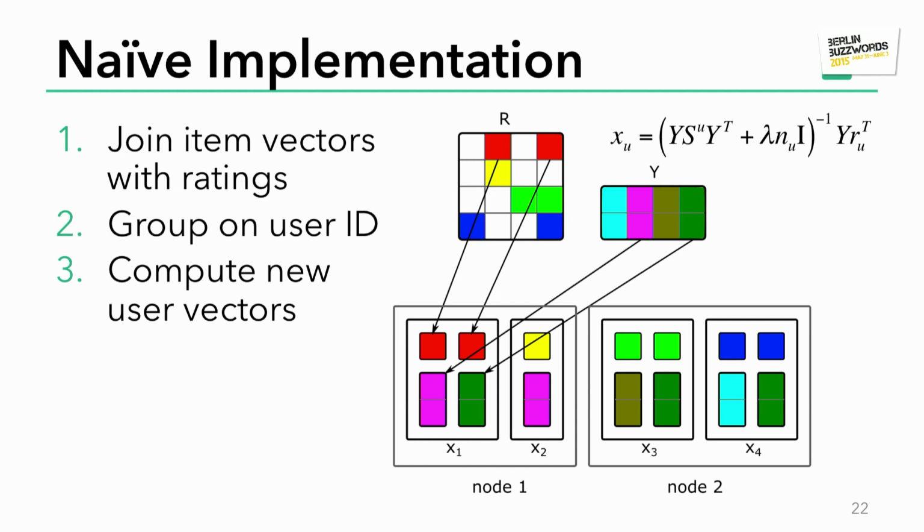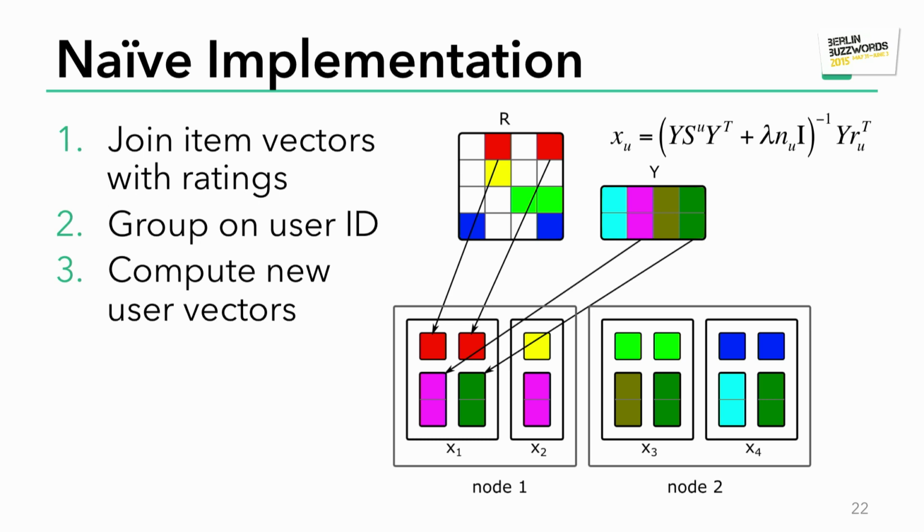To illustrate that, let's try to do it for the first user. We see in the rating matrix that the first user has rated the second and fourth item, right? So what we need to calculate the new x1 vector is these two ratings, as well as the second and the fourth item vector. When we have this information and get it on one node, we can calculate the updated vector.